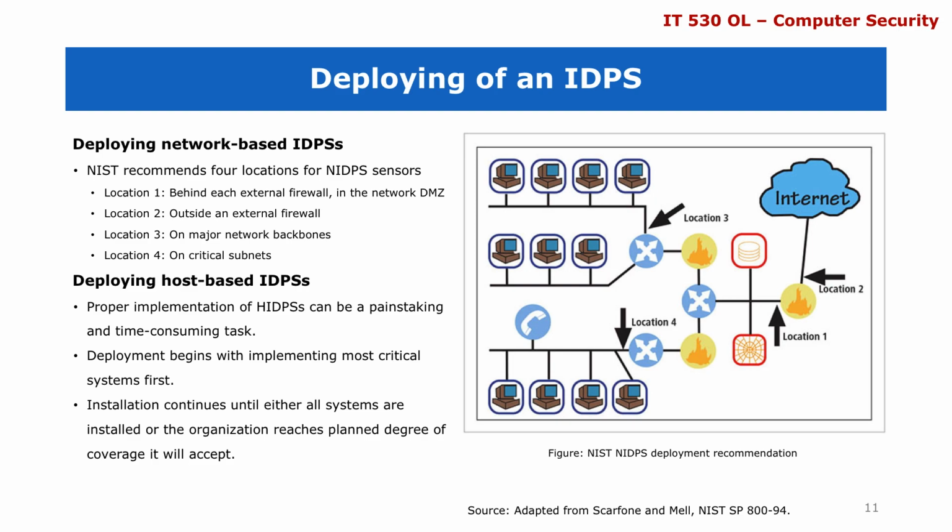These are the four recommendations by NIST, but if you want to read it in depth and understand it from a technical viewpoint of how to deploy a network-based intrusion detection and prevention system, then I will redirect you to the NIST Special Publication 800-94. It provides the entire guidelines of a NIST deployment and its recommendations.